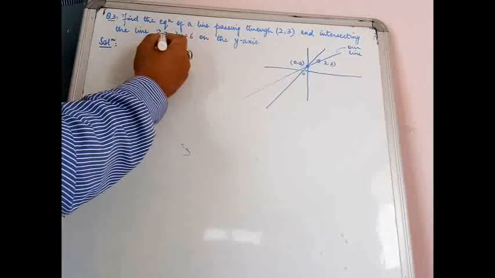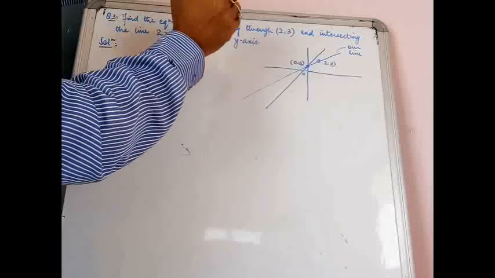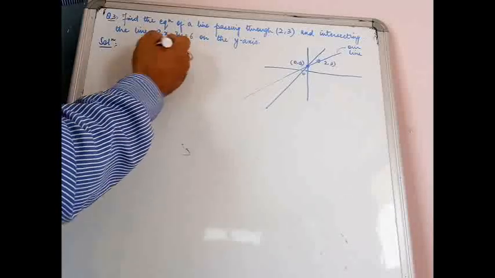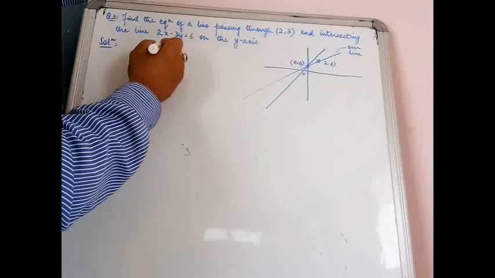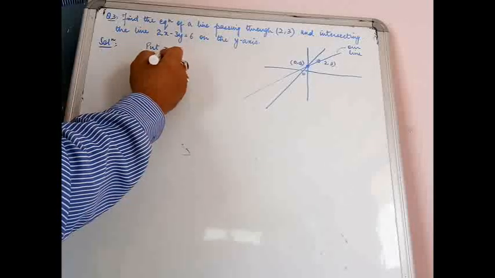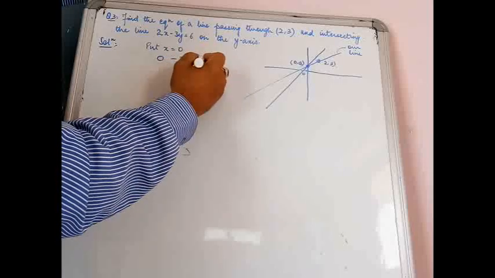Now this is the second line that was there. Whenever this line cuts the y-axis, the x part will be 0. So in this equation, put x is equal to 0. We get 2 into 0, which is 0, minus 3y is equal to 6.